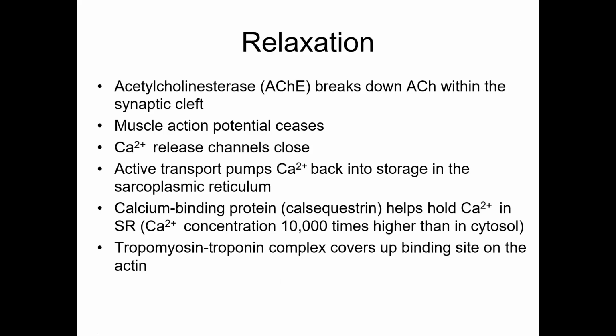So once the muscle is contracting, this is great, but there comes a time when muscle needs to be relaxed. So how do we achieve that? And it's very, very simple. We just stop the flow of nerve impulses to the neuromuscular junction. So when there's no nerve impulses, the acetylcholine will be degraded by an enzyme called acetylcholinesterase.